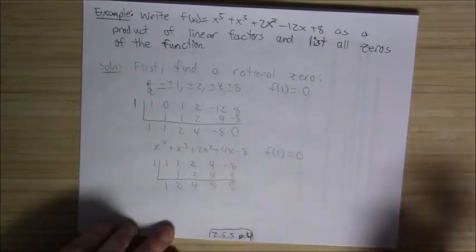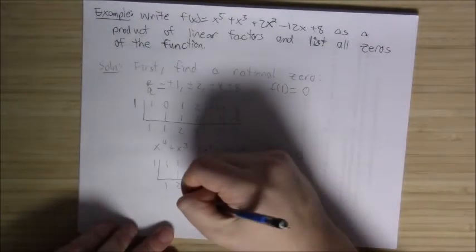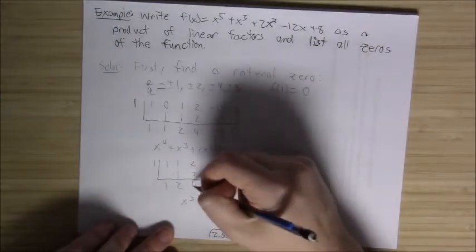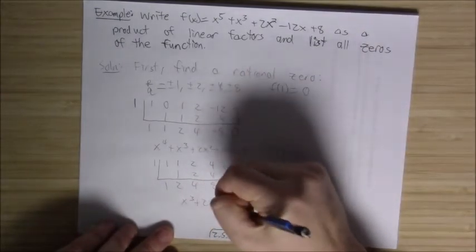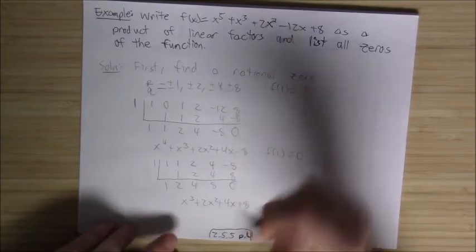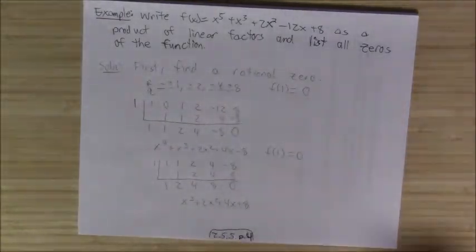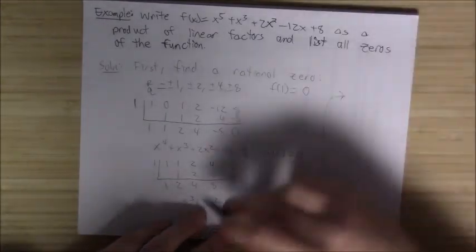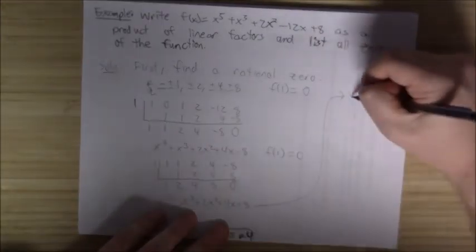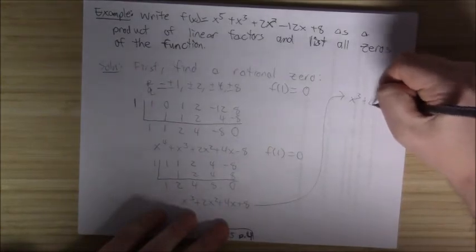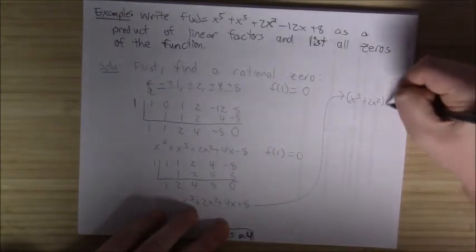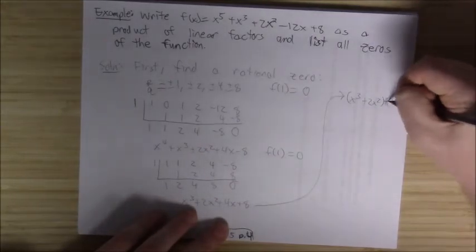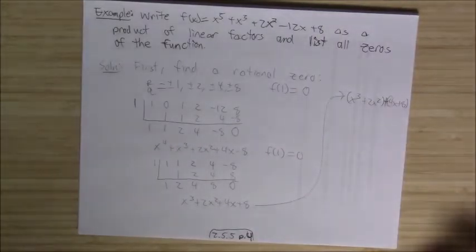Good. So now we're down to x cubed plus 2x squared plus 4x plus 8. We can factor the rest of this by grouping, interestingly. In general, once you get down to a cubic, you should ask, can I factor by grouping?